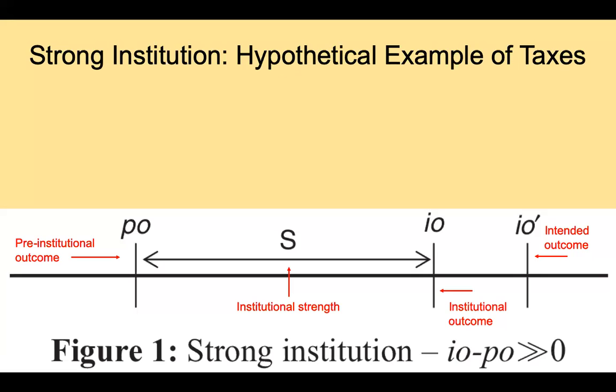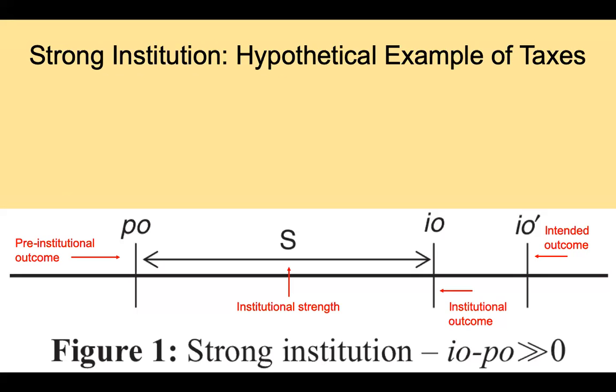I'm going to walk you through two examples where I show you the answers and explain the reasoning. And then I'm going to give you a third example, and I'm going to ask you to use these concepts and ideas to answer that third question. So let's start with the example of taxes.